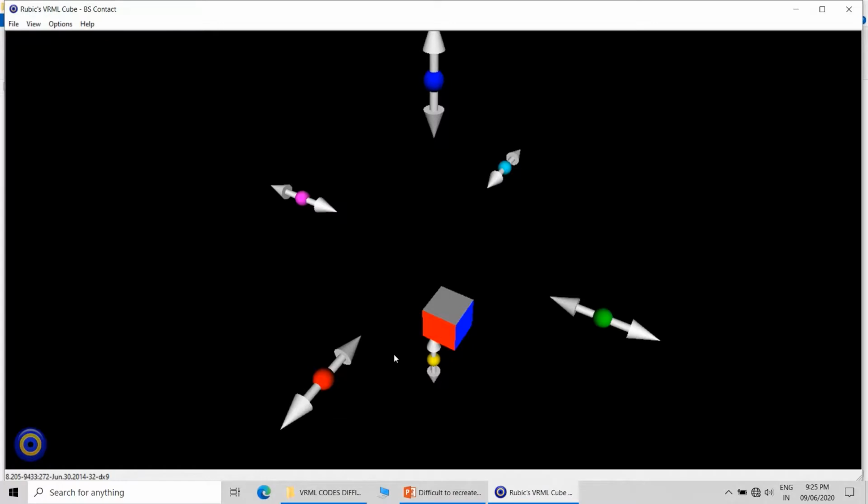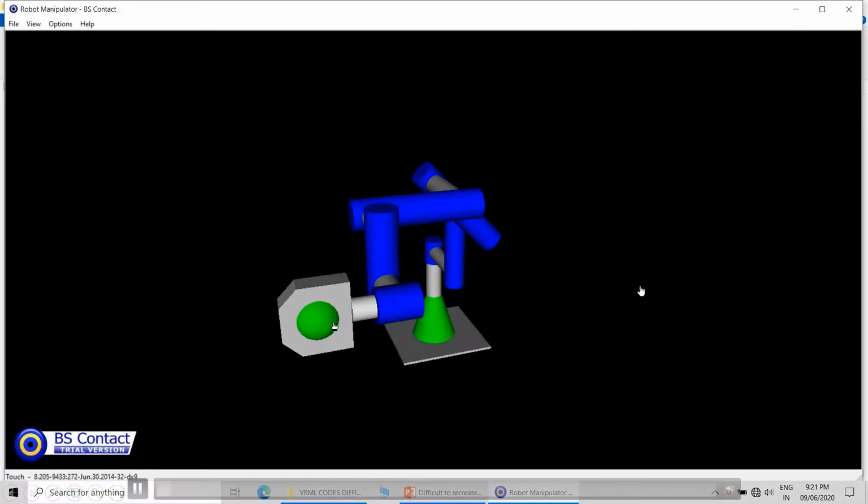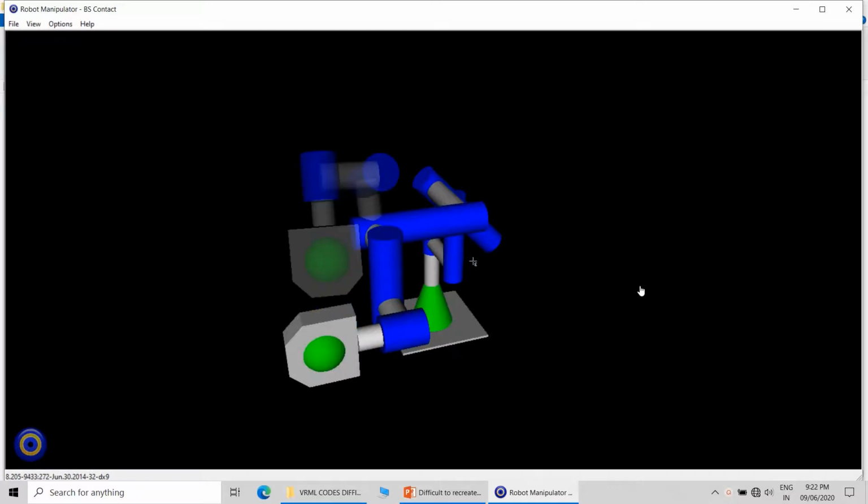Then this is a robotic arm, and it was also very difficult to recreate. A robotic manipulator, we can say, and I found that it cannot be recreated using Vivati Studio. This is a very challenging type of code for recreation.